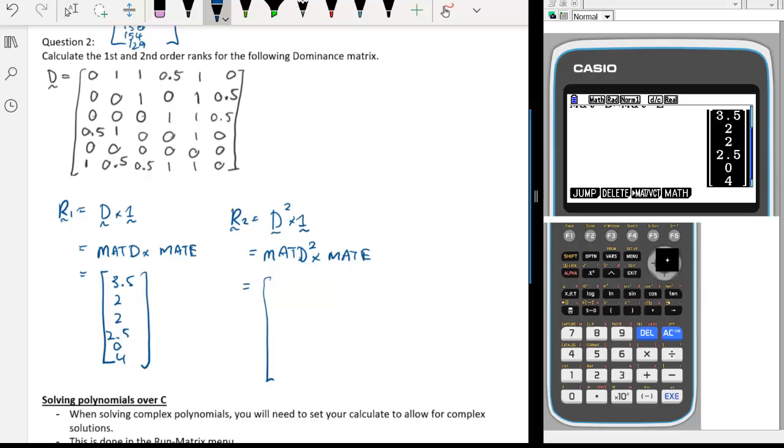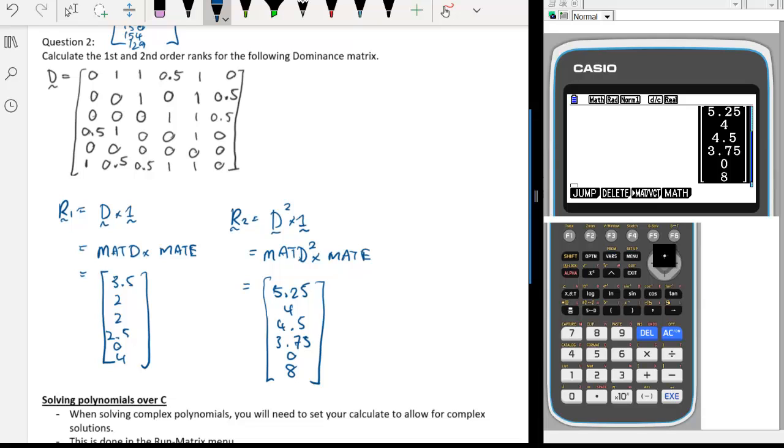Now again, nice and efficient, we can go back up into what's already typed out, and add that square at the end of matrix D, and super quick: 5.25, 4, 4.5, 3.75, 0, and 8. So we have our first order and second order matrices in a matter of seconds.